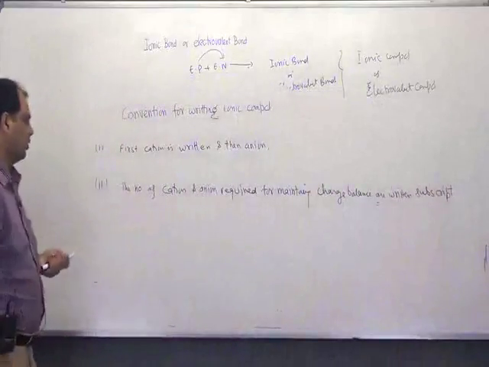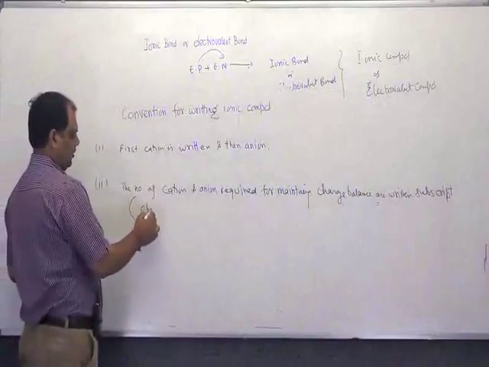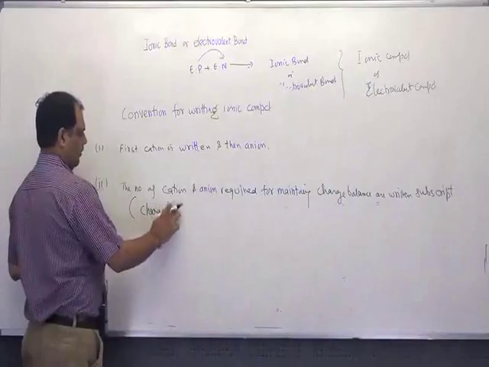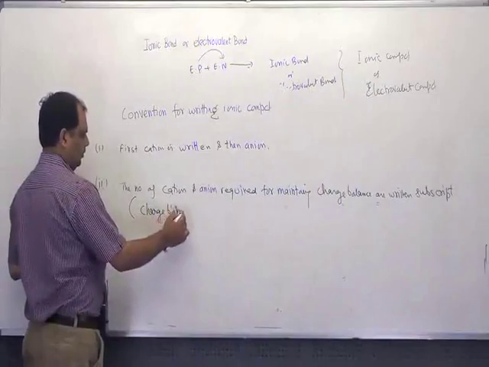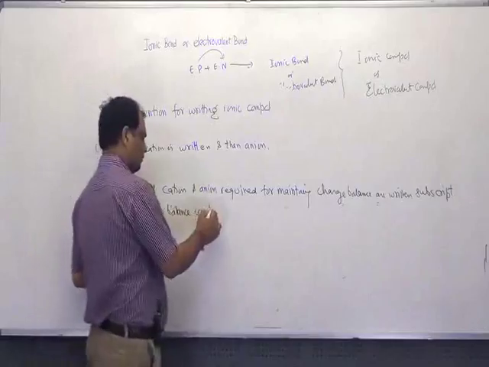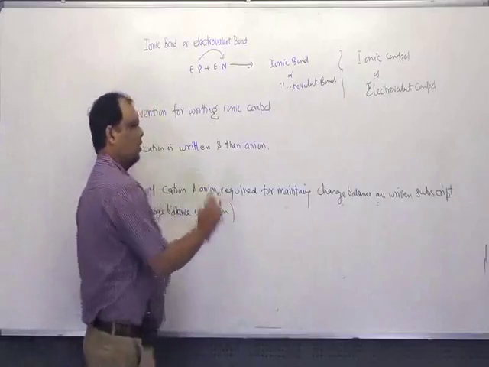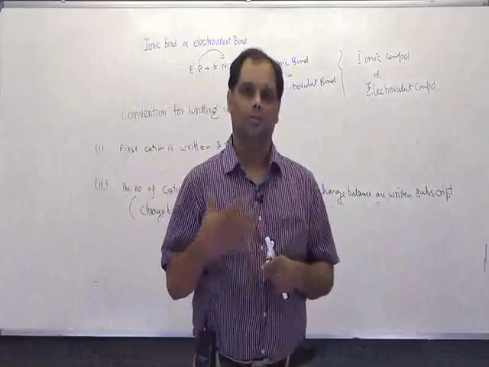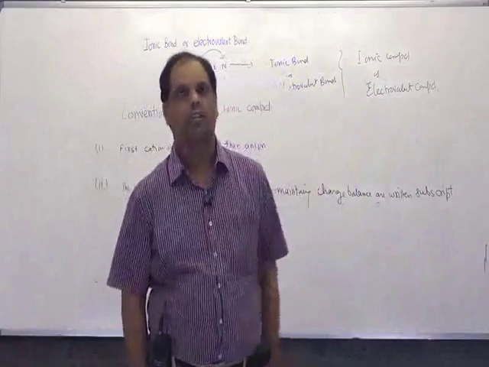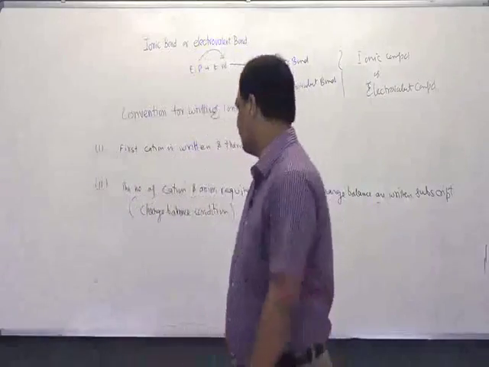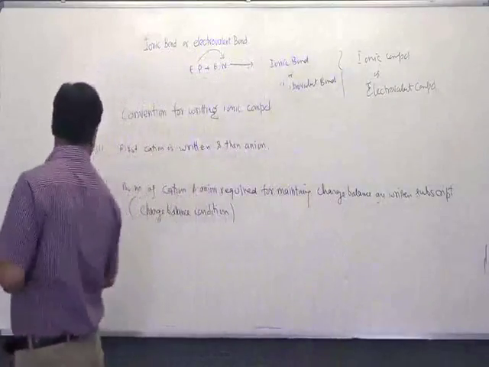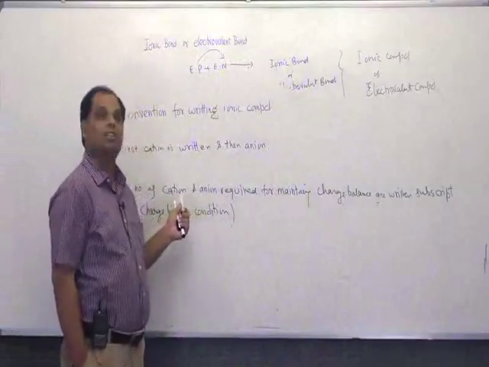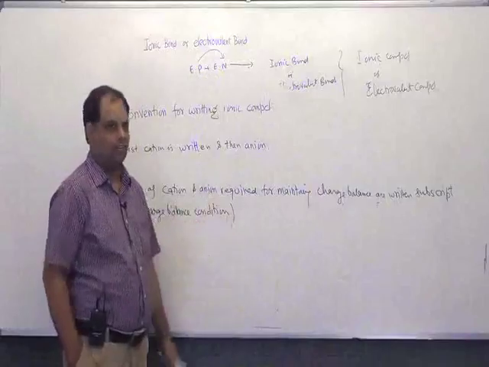This is also referred to as the charge balance condition. Now, as we know that ionic compounds are electrically neutral, it means total positive charge must be equal to total negative charge. So for maintaining charge balance, or electroneutrality, we have to adjust the number of cations and anions.